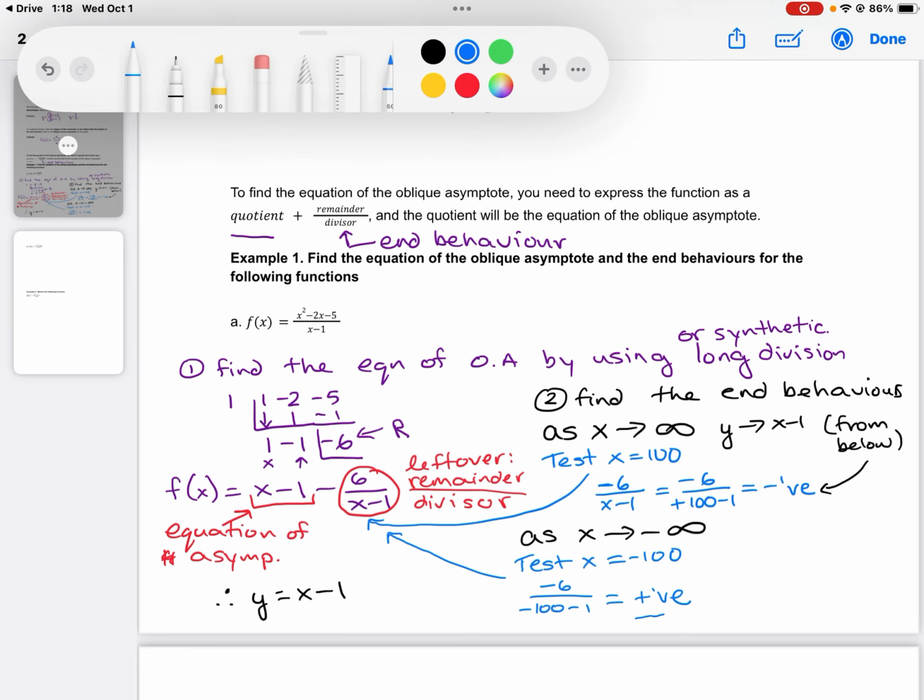I'm going to approach my asymptote, and then I'm going to add a little bit to it. So my value is going to be above. So then I say that I approach my asymptote from above because this is positive.